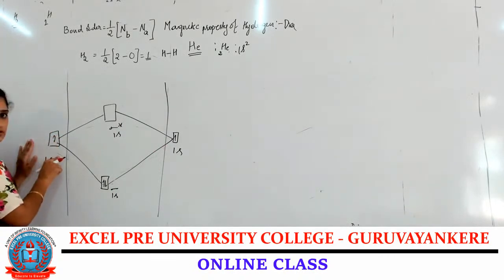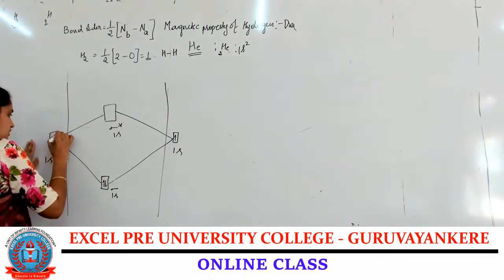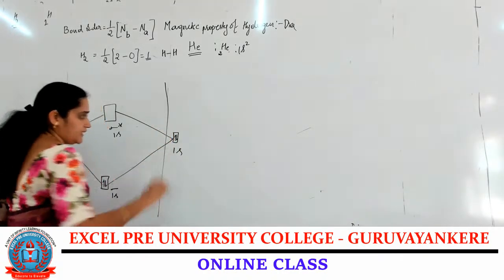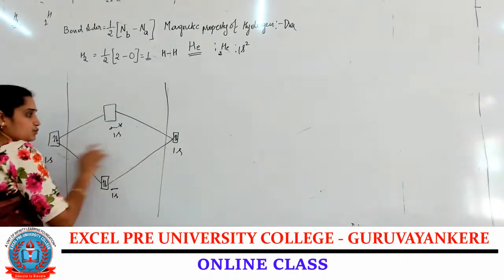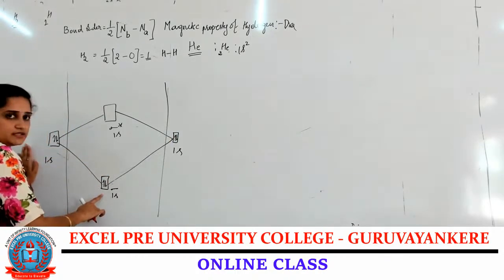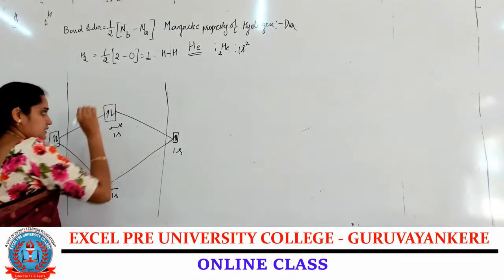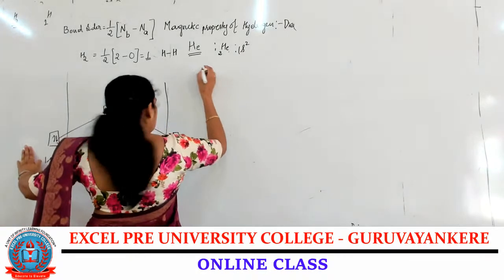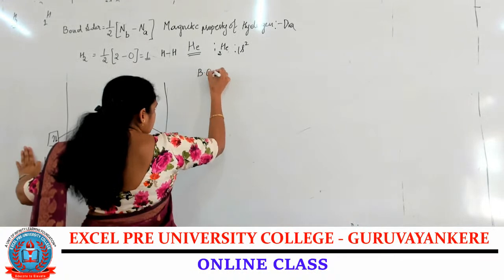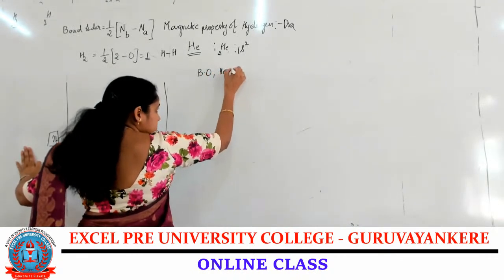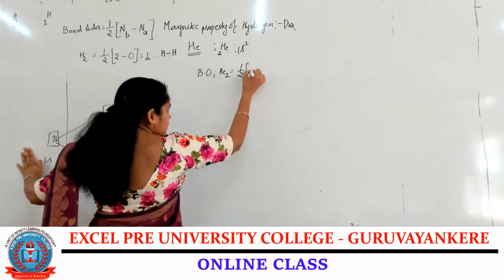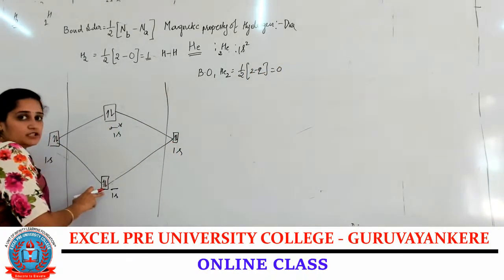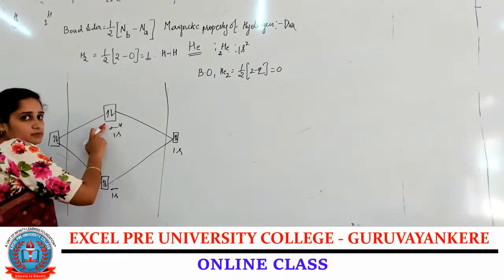Let me write it here only. 2 electrons and 2 electrons. So 2 plus 2, total 4 electrons. 2 is in the bonding and 2 is in the anti-bonding molecular orbital. Now, if you write the bond order for the helium molecule He2, half into 2 minus 2 equal to 0, isn't it? 2 bonding molecular electrons and 2 anti-bonding molecular electrons.